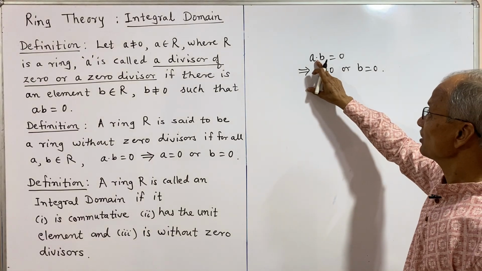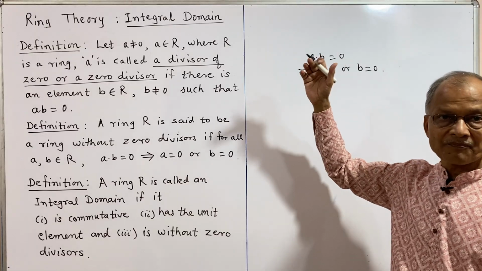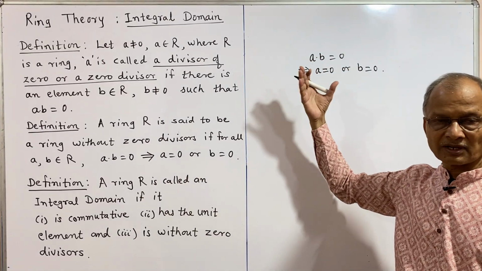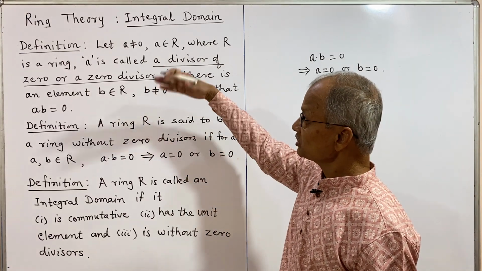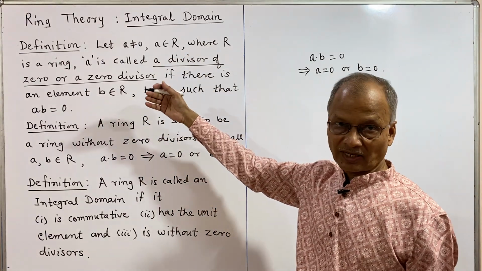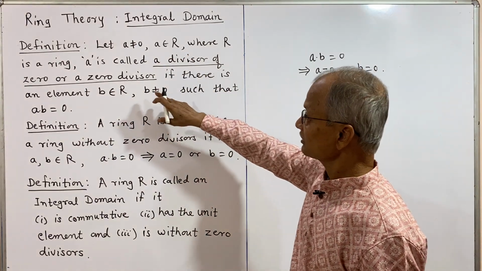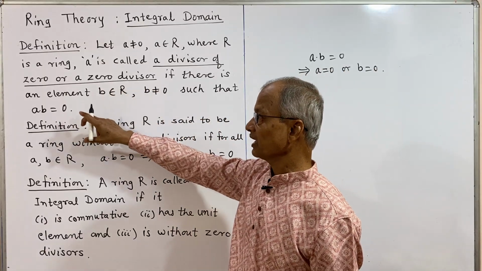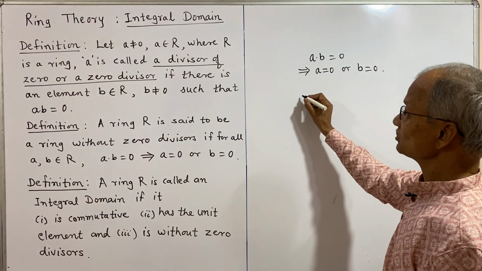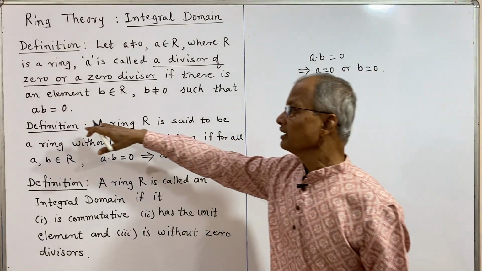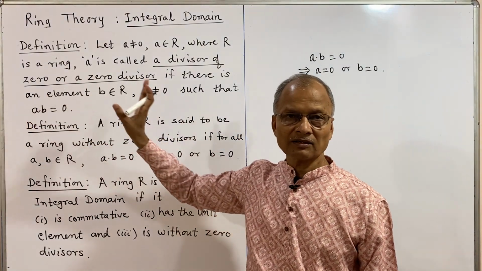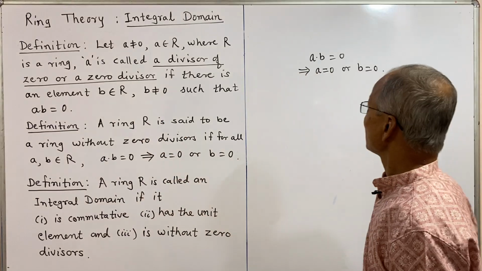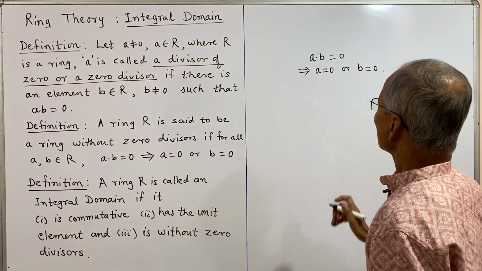But there exist rings such that there are divisors of 0, that means ab equal to 0 while a is not 0 and b is not equal to 0. Then these are the 0 divisors or divisors of 0.